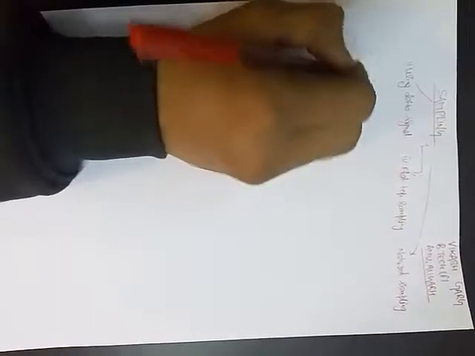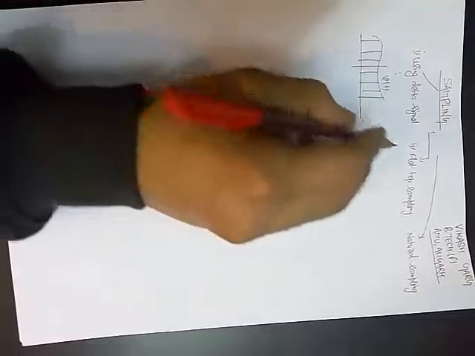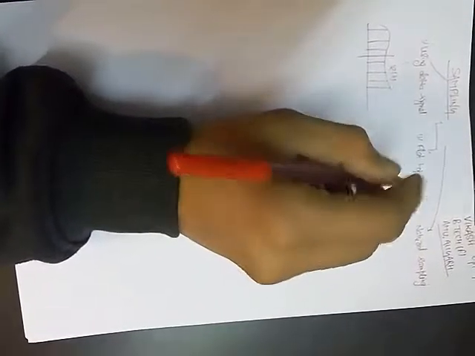So the first one is using delta signals. Here, for sampling of an analog signal, we use delta signals. So samples are taken like this. Now, in case of flat top sampling, as the name suggests, the top of the sampled signal will be flat.